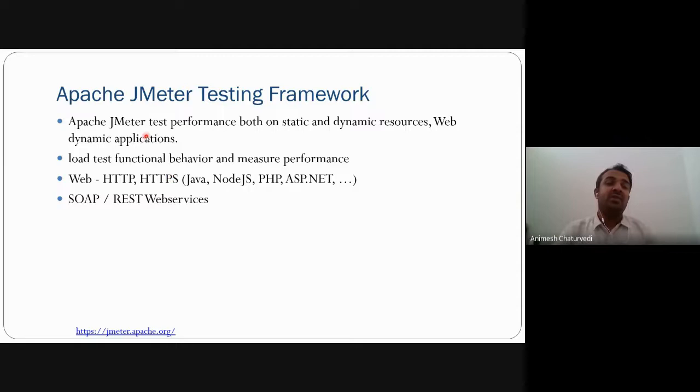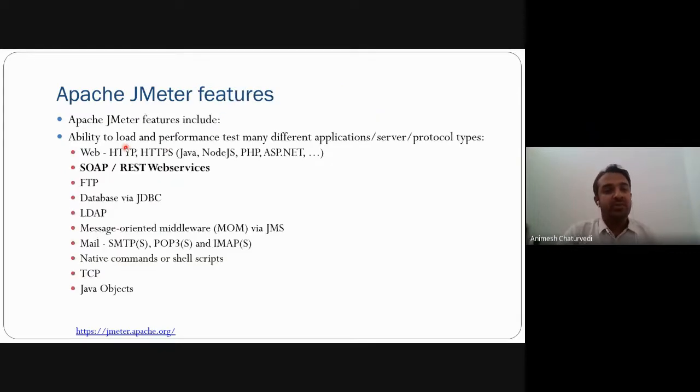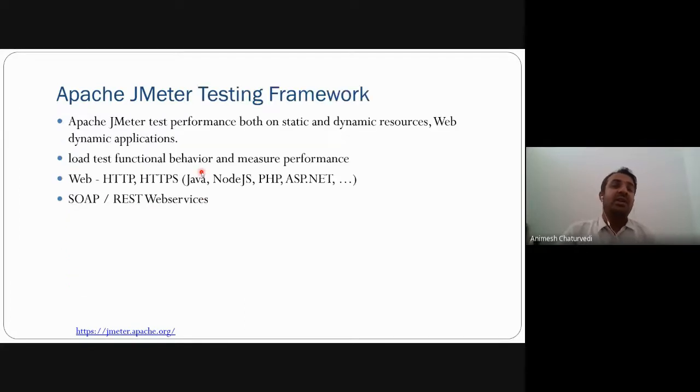But mainly we are focused on these four types of testing. So the most important one is SOAP and RESTful web service testing for us, because we are studying cloud testing. So in cloud testing, these are the things that could be useful with the Java JMeter testing. So performance analysis of static and dynamic resource handling by a web server, web dynamic applications could be tested, load testing for the functional behavior and measurement could be done.